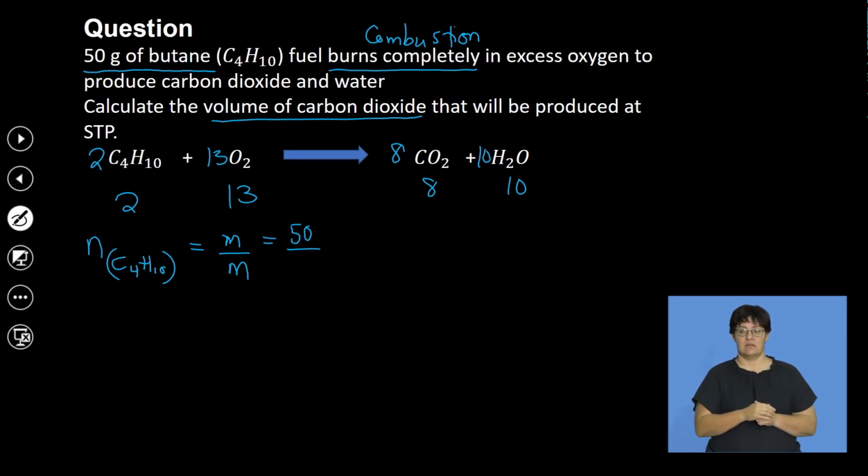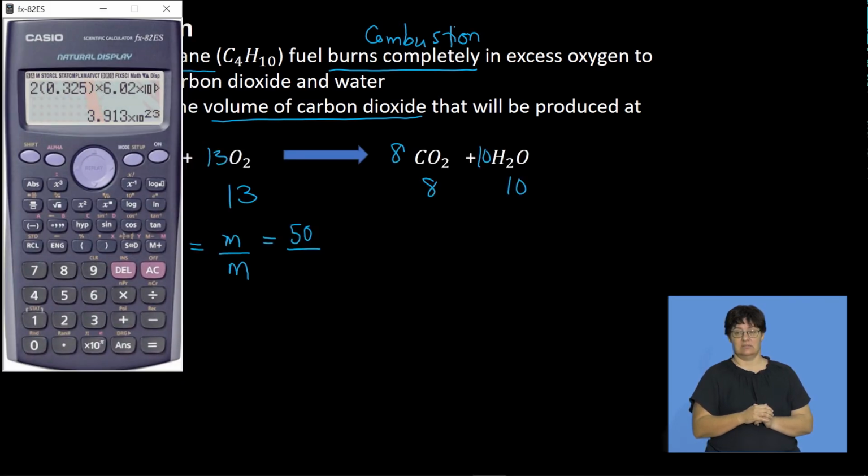So it's 12 times 4, which is 48 plus 10, which is 58, right? Just to verify that by means of a calculation: the mass of carbon is 12 multiplied by 4, then we add 10 for hydrogen.